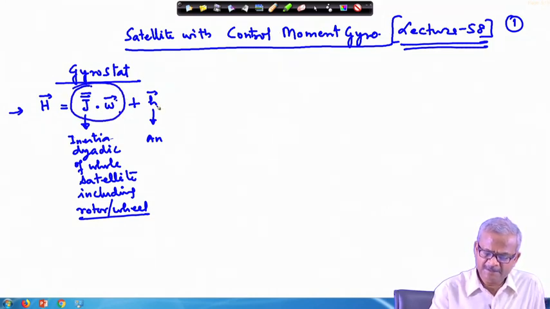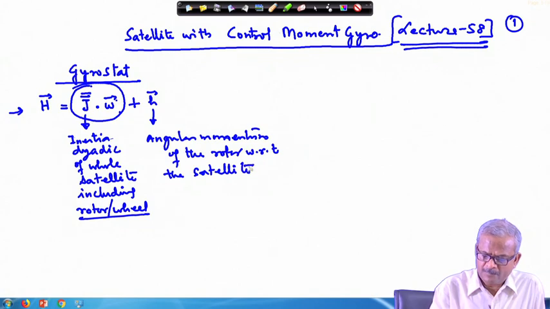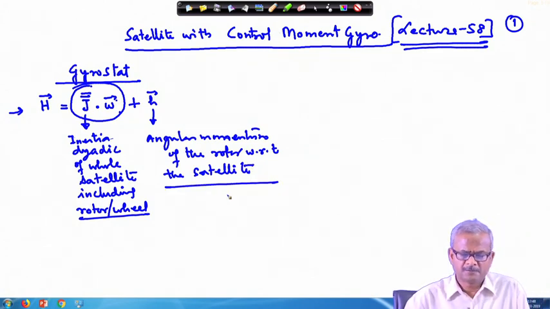Okay. But inside there is a device which is rotating. So, this is the angular momentum of the rotor with respect to the satellite. So, that gives you the total angular momentum.